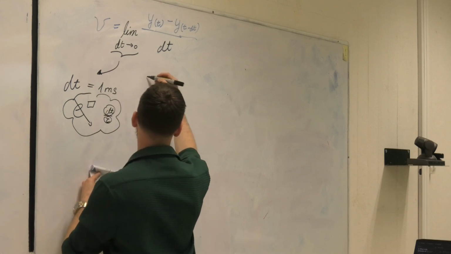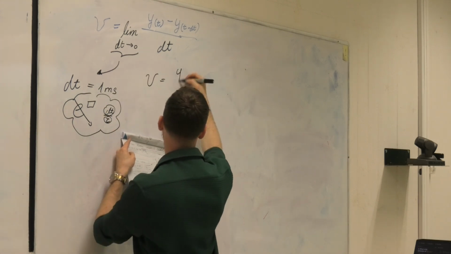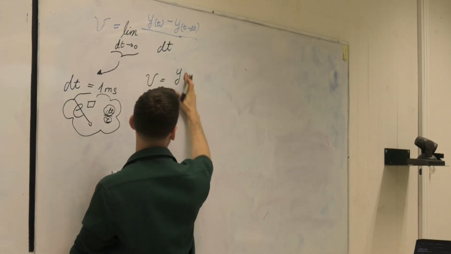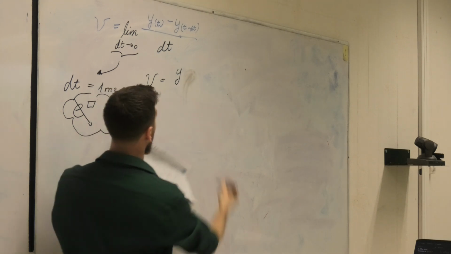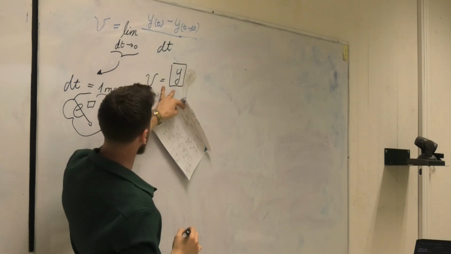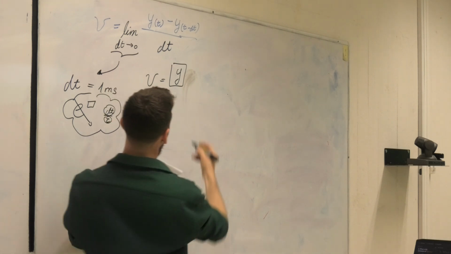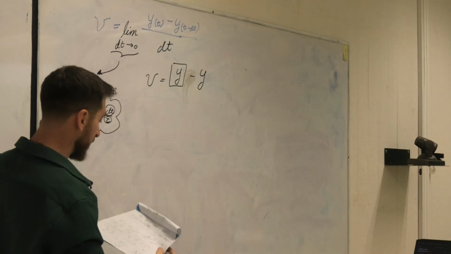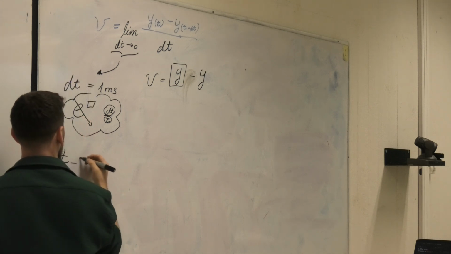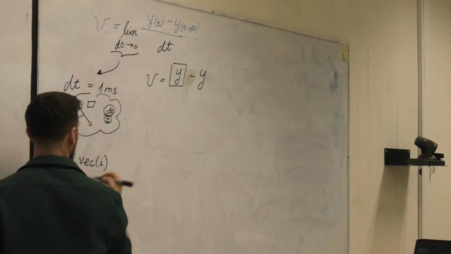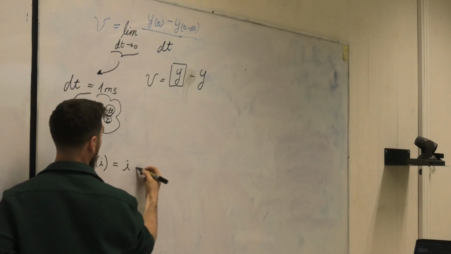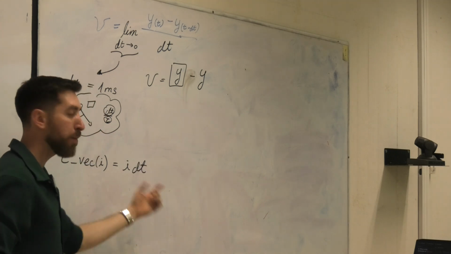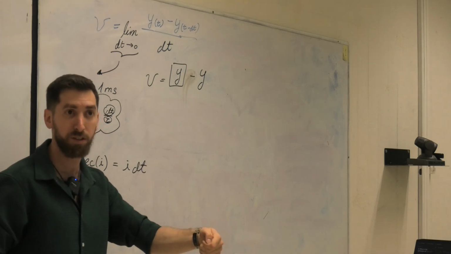So we have v equal to y of t, and I'm just going to write y. This is what we're trying to find. Y, the height of the particle at any time, minus, and now I want to show you something. I can present time as a vector. T vec at time i is just i multiplied by dt. How many dt have I counted?